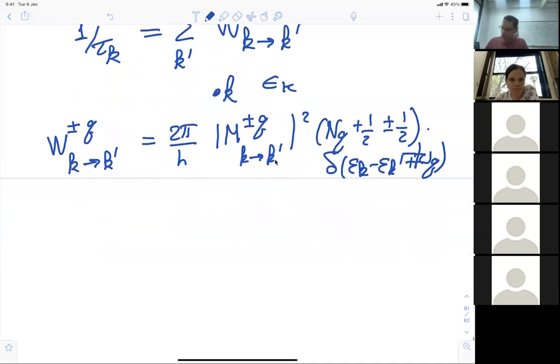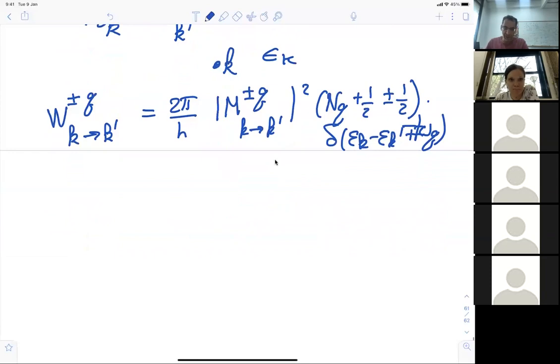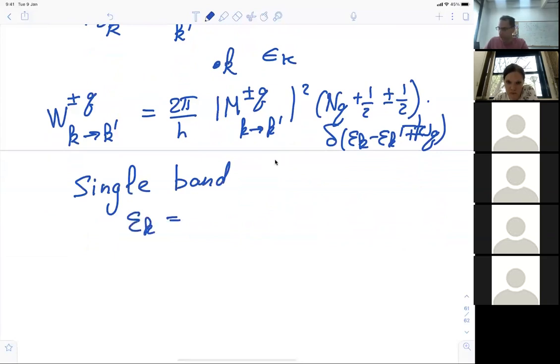Let us assume that there is a single parabolic band in the problem, the single band effective mass approximation. So the energy of electrons is essentially k squared over 2m with some effective mass.